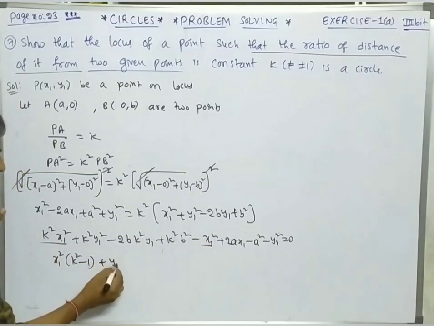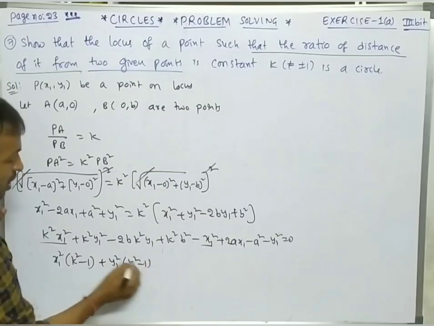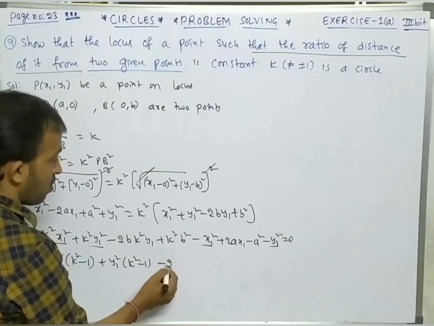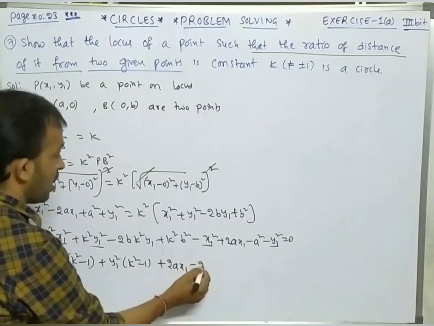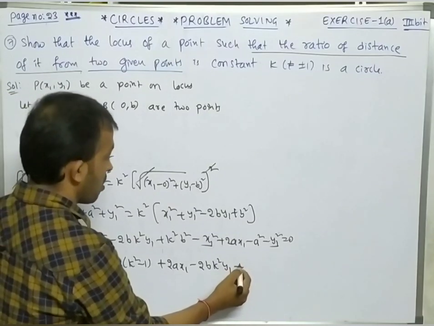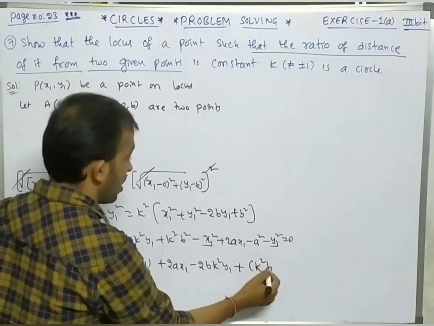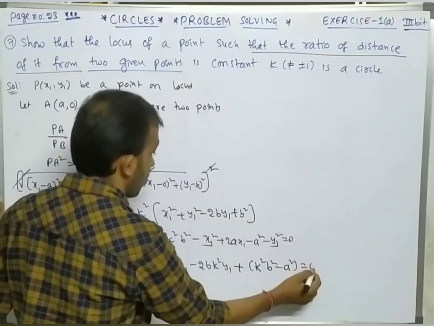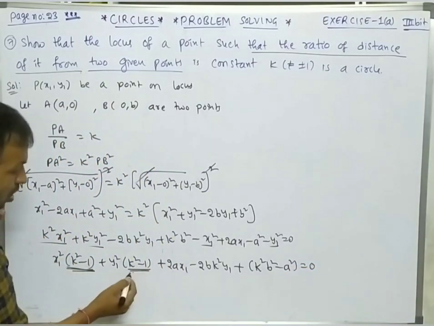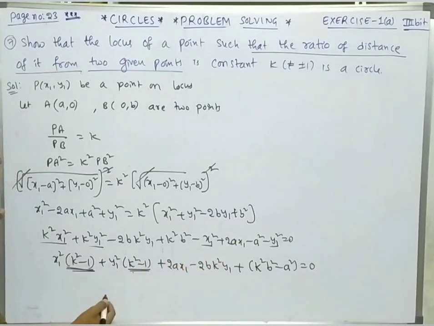Next y1 square common, k square minus 1 in these two. Next plus 2a x1 minus 2b k square y1. What is the constant here? k square b square minus a square is equal to 0. So here these two coefficients are equal. This is the equation of a circle, right?